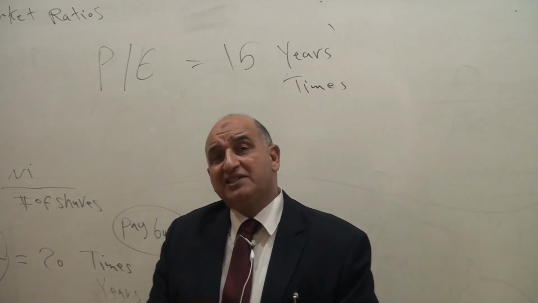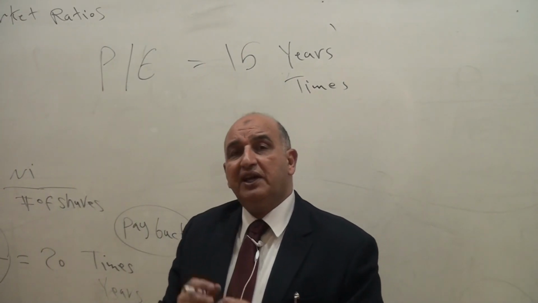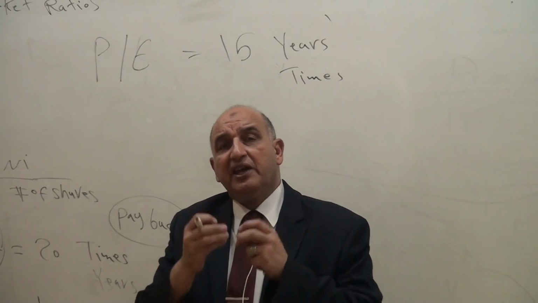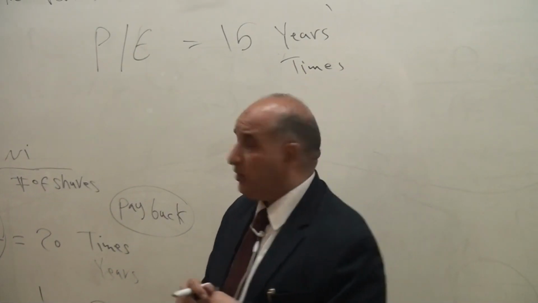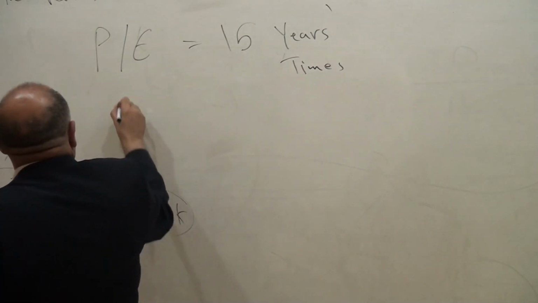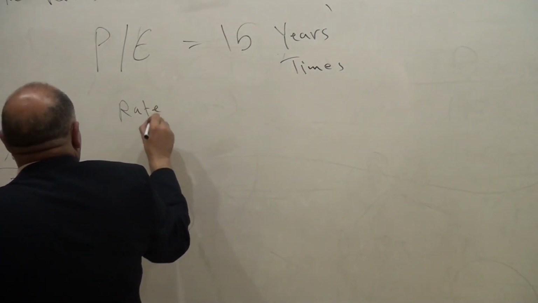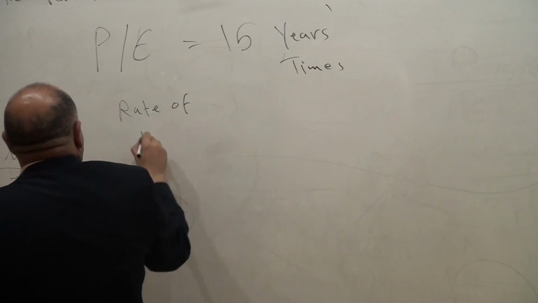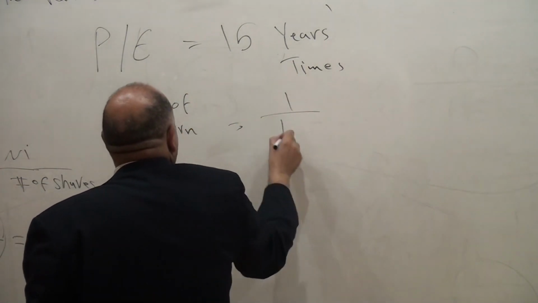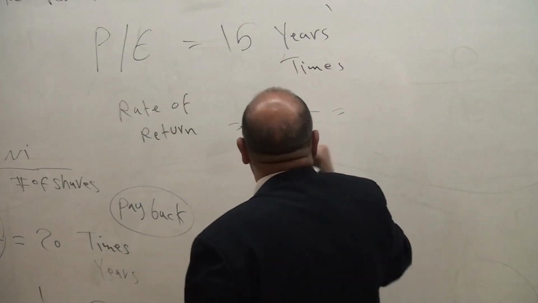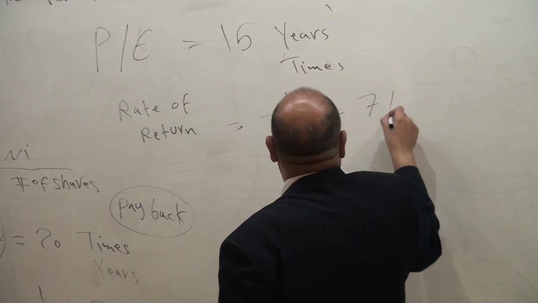Now, if I asked you what is your rate of return if you invest in the Egyptian stock market, the rate of return equals 1 divided by 15, about 7%.